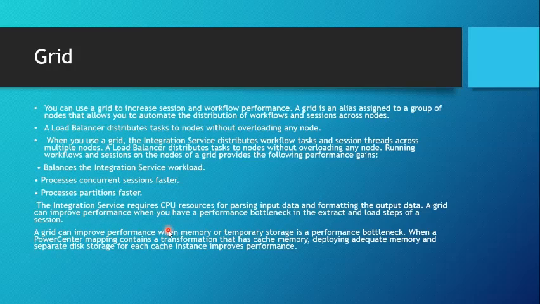Deploying adequate memory and a separate disk storage for each cache instance improves performance. Why are we saying deploying adequate memory and a separate disk storage? Because suppose our DBA or someone is managing very huge millions of records, in a rack or some kind of storage. Sometimes there is a storage space issue and they want to relocate that. So they can distribute that in memory and relocate, like for the cache, and for other things a separate disk.